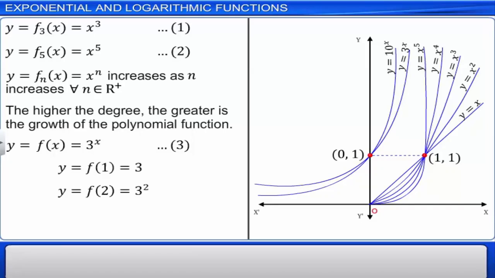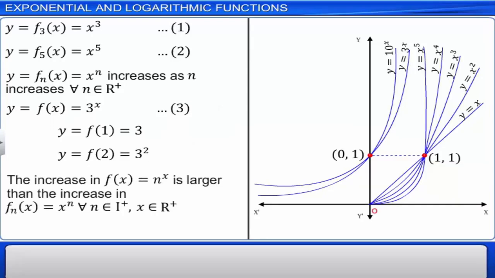Observe that function f(x) increases faster than function f₃(x), with an increase in the value of x from 1 to 2. Thus we can say that for any positive integer n and for any positive value of x, the increase in f(x) = nˣ is larger than the increase in fₙ(x) = xⁿ.